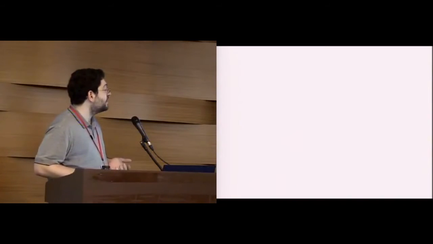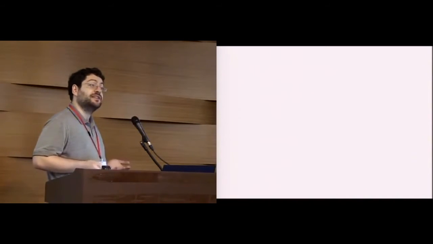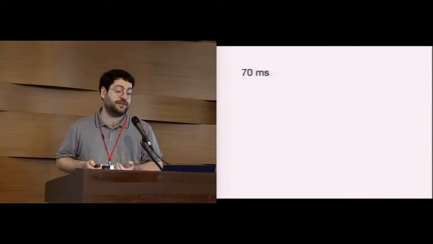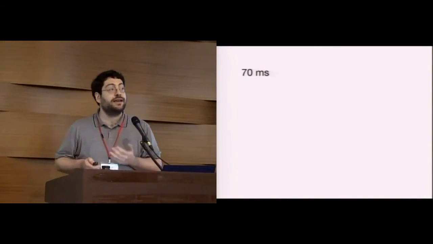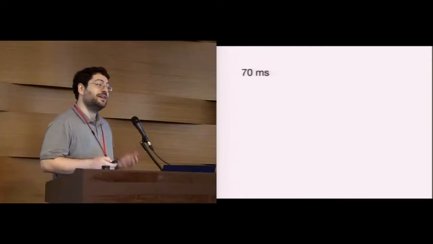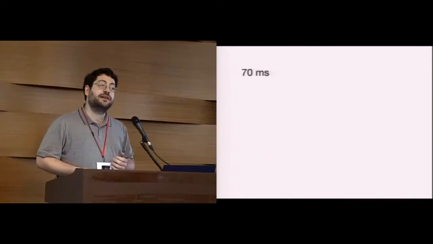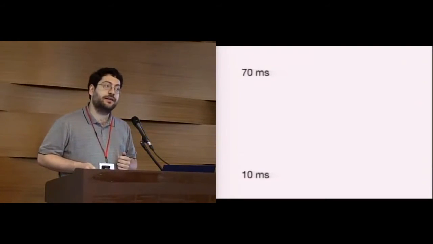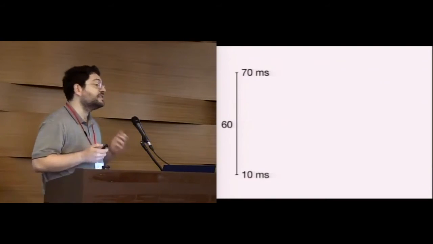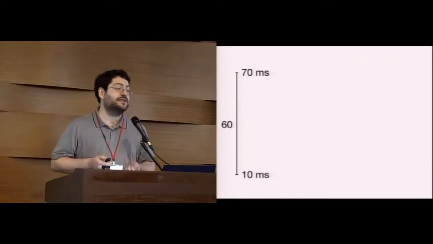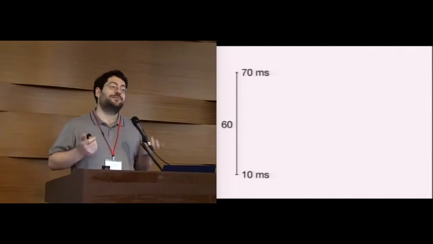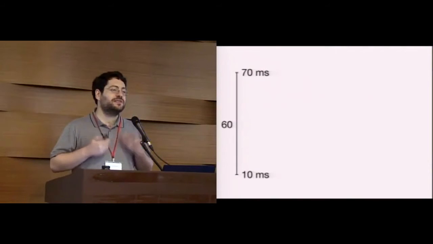So what we mean by this is, let's say we go to a device manufacturer who has an existing device with 70 milliseconds of latency. And we say, if you want it to be zero perceivable latency, you need to drop it down, let's say, to 10 milliseconds. So in other words, we're saying you need to have a 60 millisecond drop in the latency of the device. A device manufacturer is going to say, that's impossible. There's no way we're going to do this in one generation.